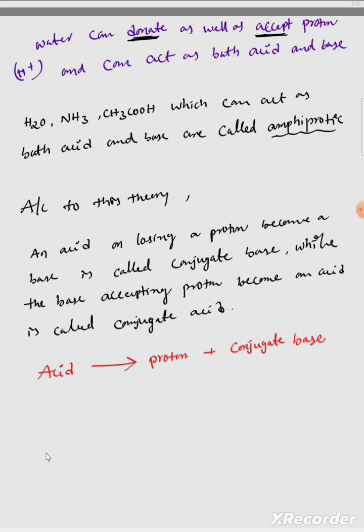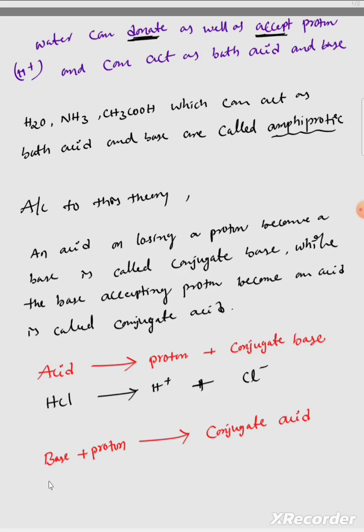Similarly, a base which can accept a proton becomes a conjugate acid. With the help of an example, suppose HCl is an acid. It produces H plus ion and Cl minus. Here Cl minus is the conjugate base of HCl.